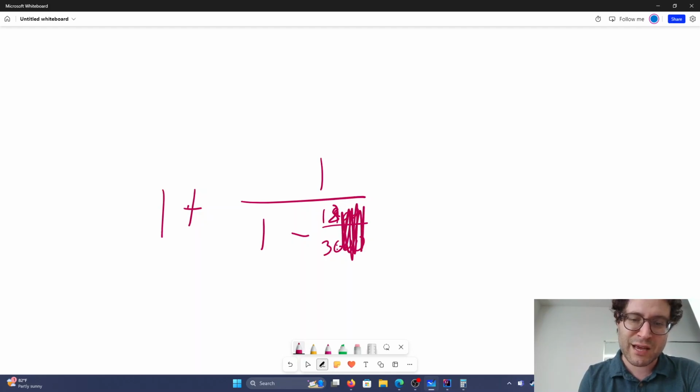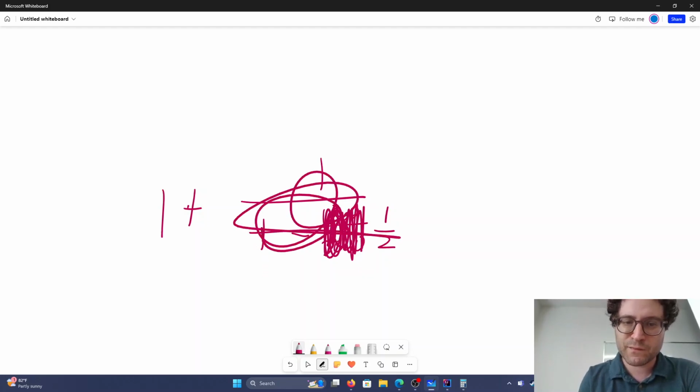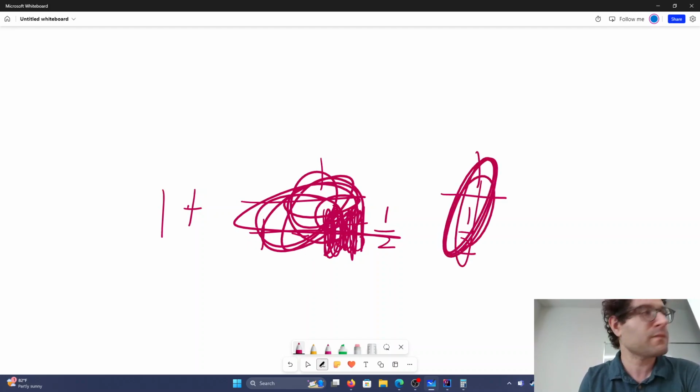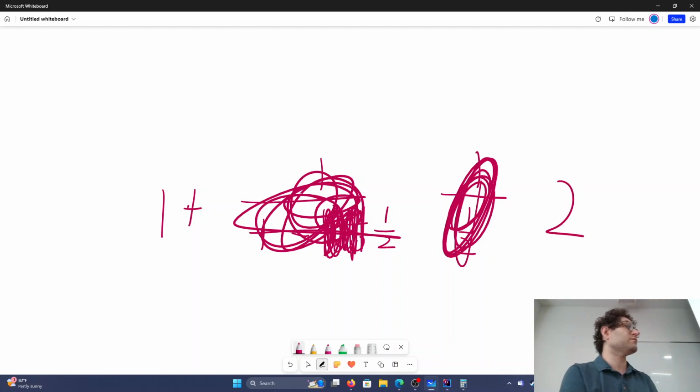That reduces to 18 over 36, which is 1 over 2. This becomes 1 plus 1 divided by 1 over 2, which reduces to 2. Right? 1 over a fraction, just flip the fraction. And so it becomes 1 plus 2, so that takes an expected 3 steps to find.